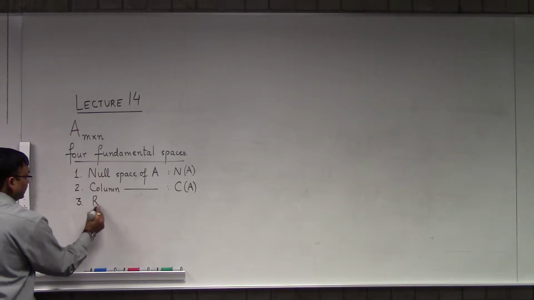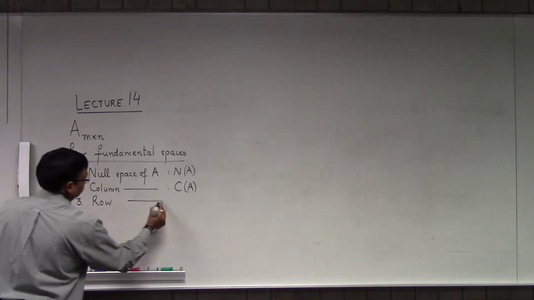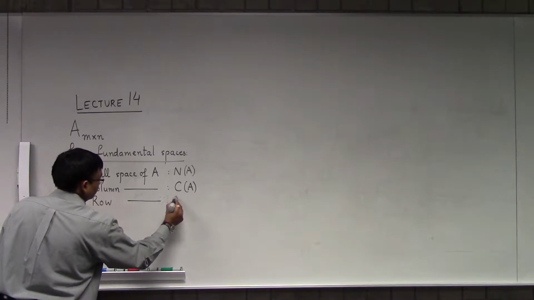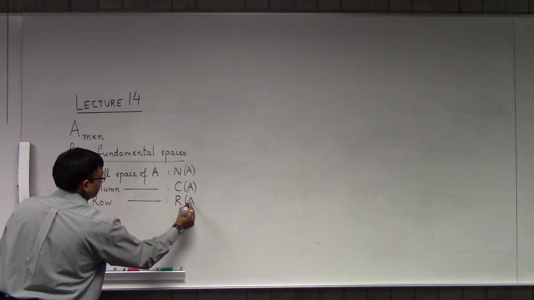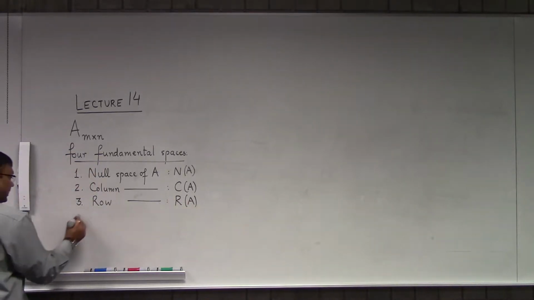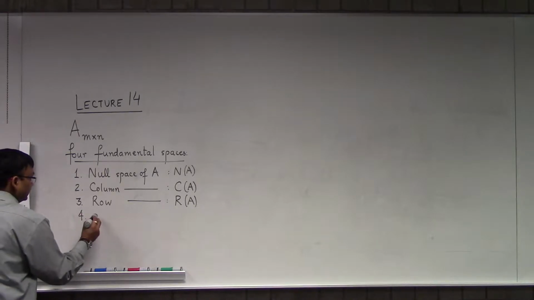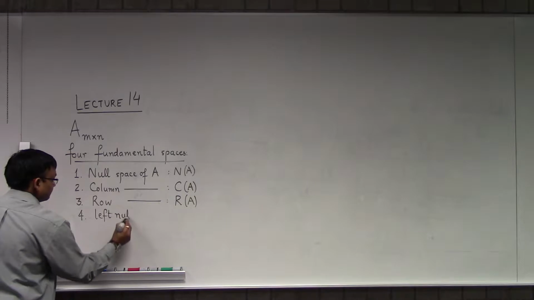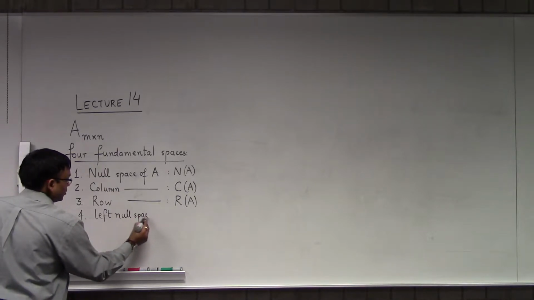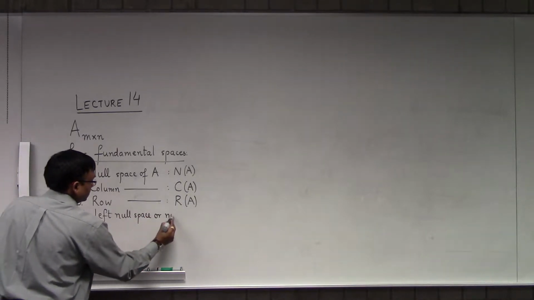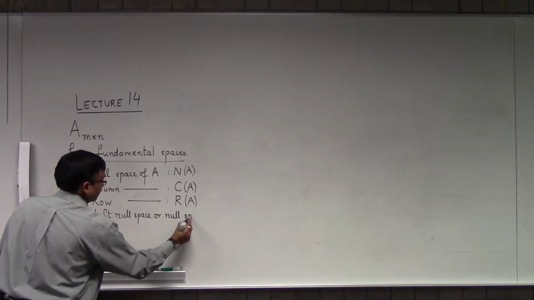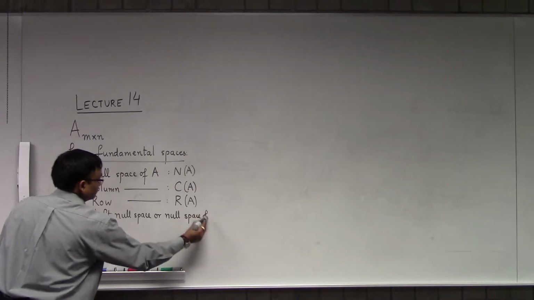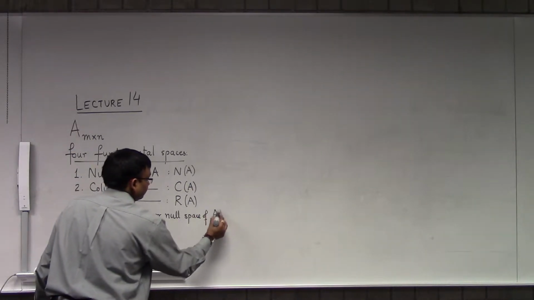Then we have the row space of A, which we can denote by RA for now. And then we have the so-called left null space, or we also call it the null space of A transpose.